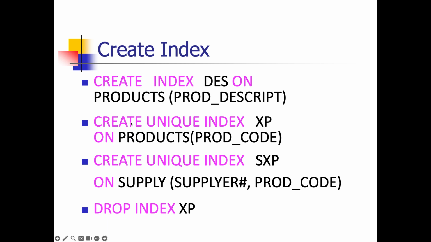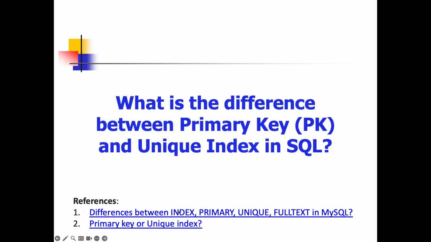For example, you want to create a unique index on products. Make sure that this is unique, okay? And create unique index, for example, something else. These are just the names of your indexes, okay? On, for example, the table supply, on these columns. Or if you want to just drop an index, you write drop index with the index name.